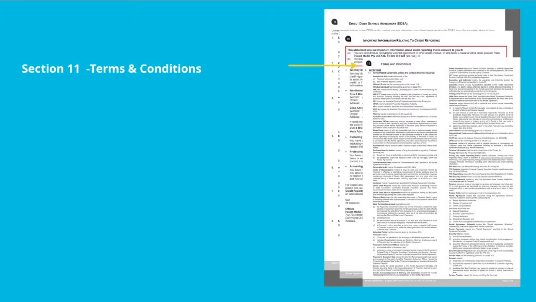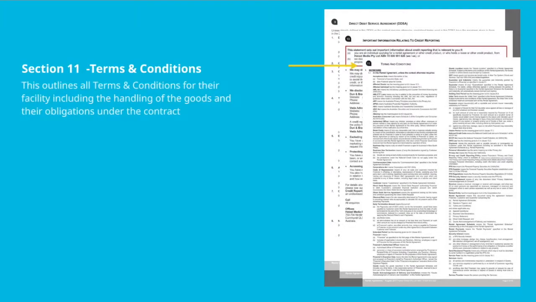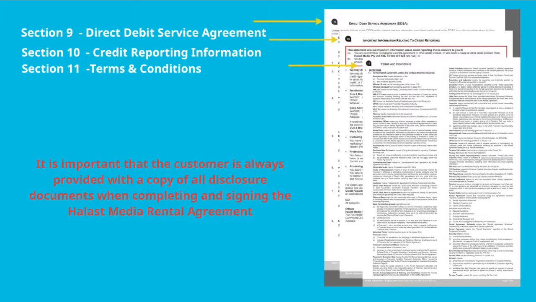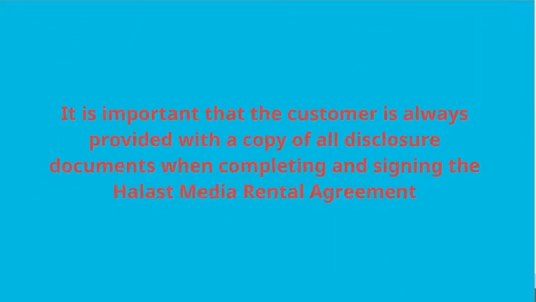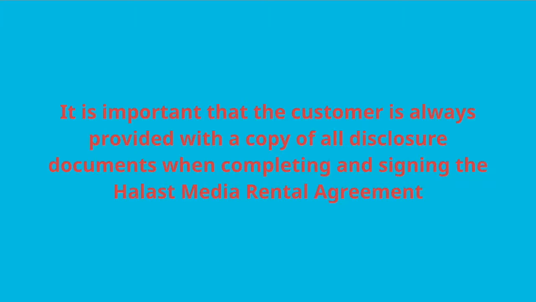The final section is the terms and conditions pages. These outline all the terms and conditions of the new facility, including the handling of the equipment and their obligations under the contract. It is a legal requirement that all disclosure and terms and conditions pages are always included with the agreement and that they have the opportunity to review prior to signing the agreement.